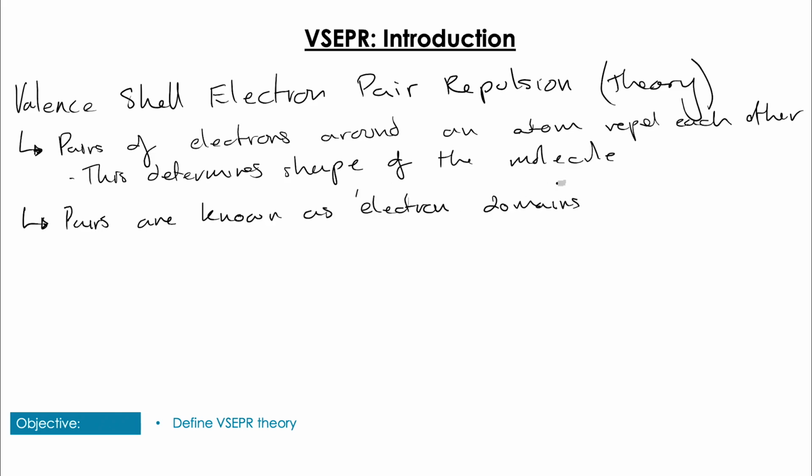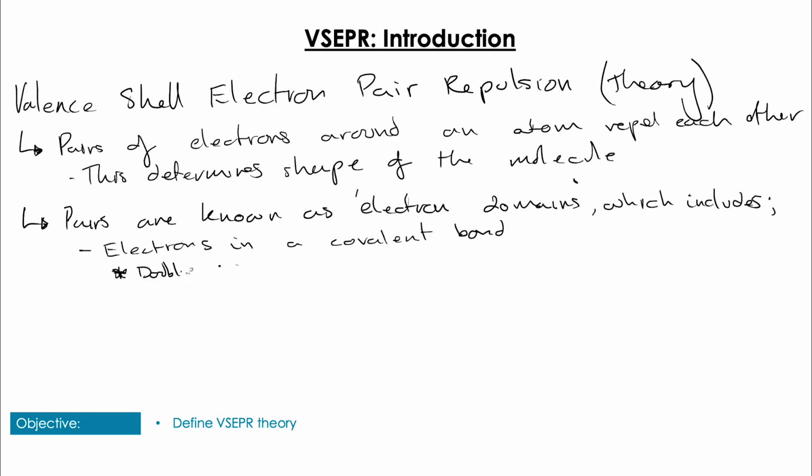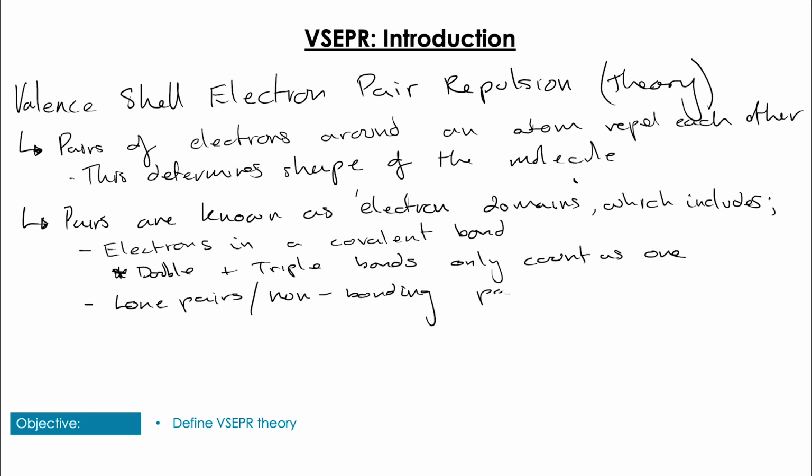So in this theory, pairs are known as electron domains, which includes electrons in covalent bonds, whether it's single, double, or triple, they all count as one electron domain in this theory. And it also includes lone pairs of electrons, which also repel other pairs of electrons around a central atom.